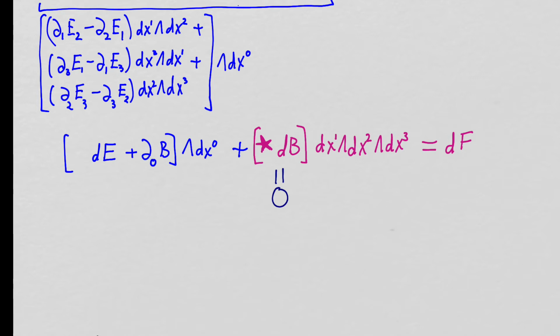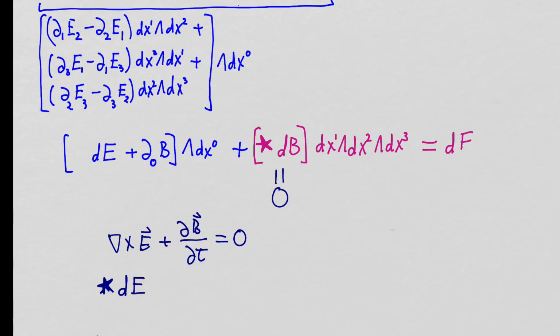Now, we also know that del cross E, we also know this Maxwell's equation is true. And we understand that in the concept of differential forms, del cross E is the Hodge dual of the exterior derivative of the electric field one form, right?